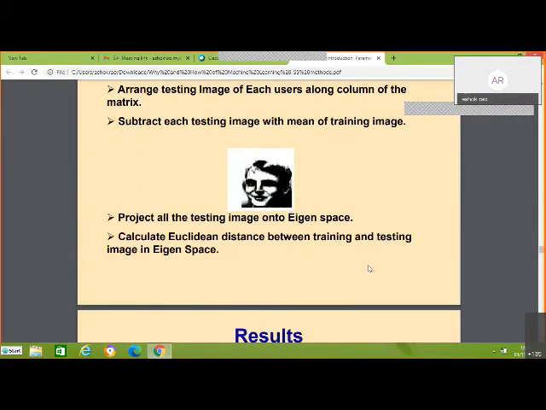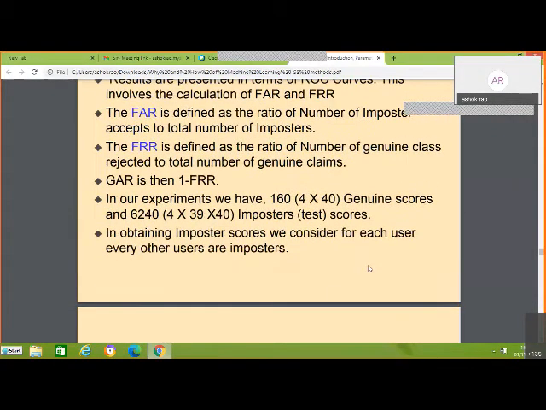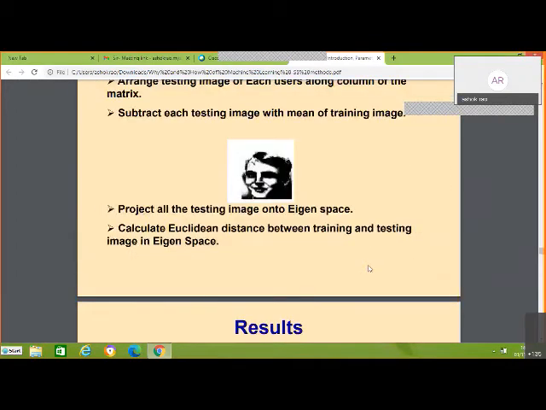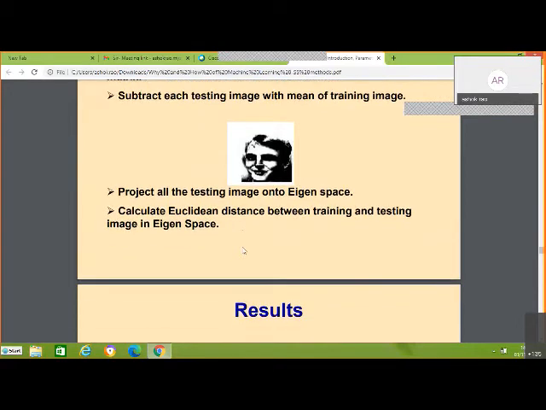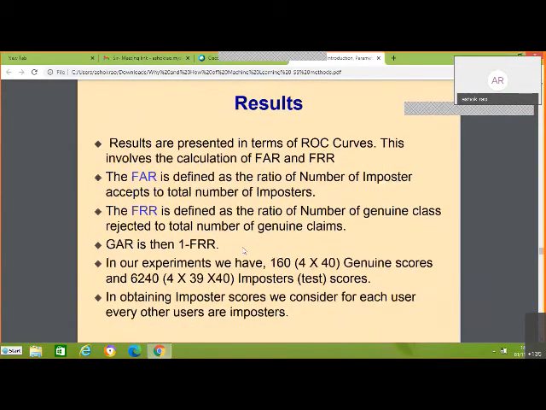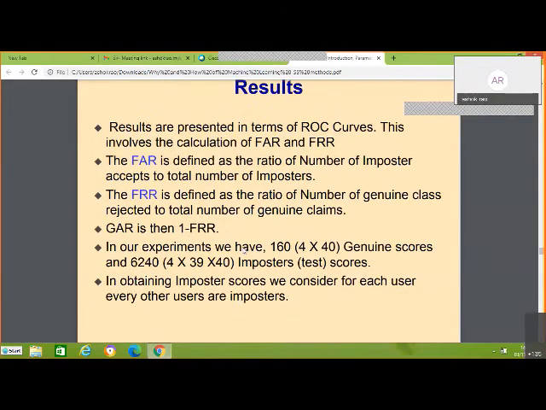Okay, calculate the distance, that is the error. Calculate the Euclidean distance between training and testing. That is the actual data and the projected data. Take the difference, square it, add all of them and take the square root. So in images, particularly in biometrics, the results are produced not in terms of actual percentage error but by what is called the receiver operating characteristic, ROC.